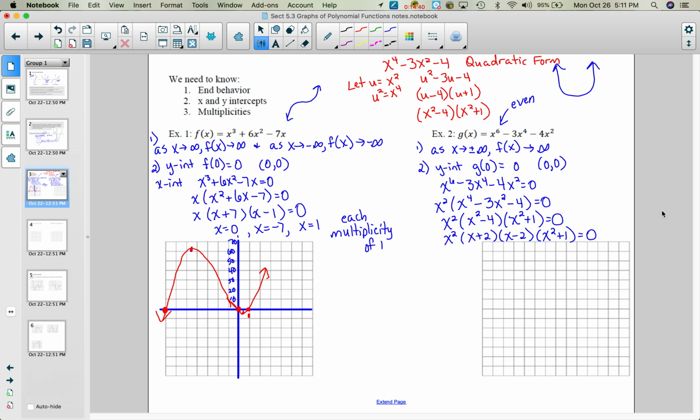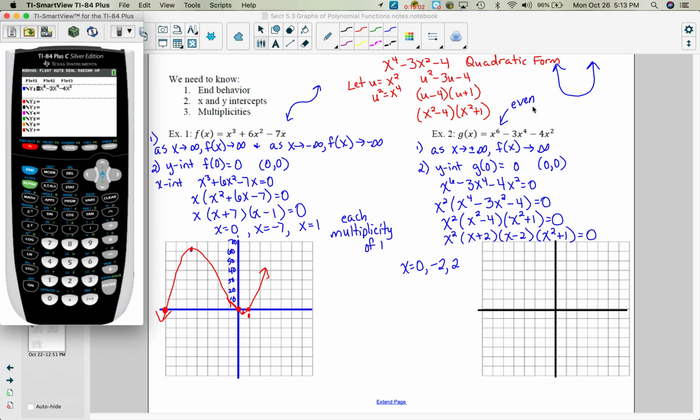That's a lot. So my zeros: x equals 0, x equals negative 2, x equals positive 2. The x squared plus 1 equal to 0 doesn't have a solution, because that would end up with a complex solution from that part. Okay, so I'm going to count by ones on the x-axis.